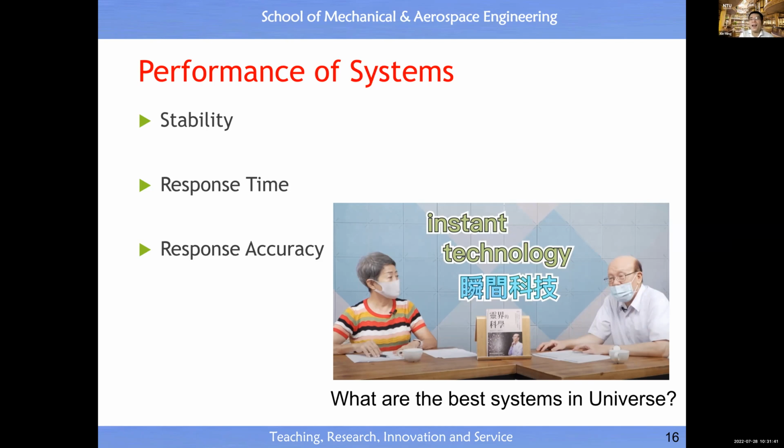If you want to fly from Beijing to Paris, and you can make the flying robot a static system, it means what? The traveling time from Beijing to Paris is 0 seconds. That means the captain, the pilot, turns on the engine of the flying robot, and instantly you reach the airport in Paris. Let's save your time, John. That is interesting. Understand? So the best system in the universe is the static system.